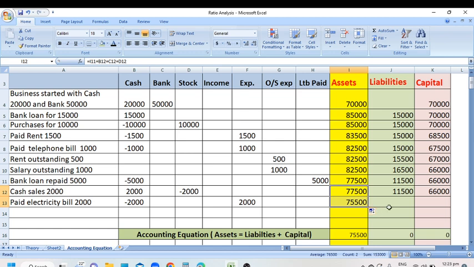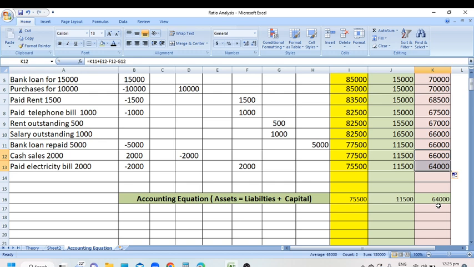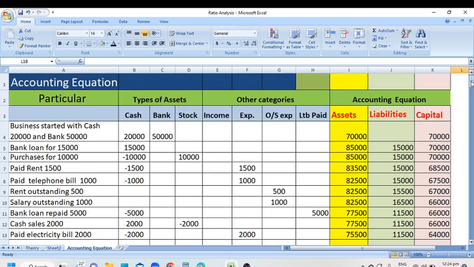That comes to 75,500, and liability is not affected in any way, and capital should be affected, because this is an expense, the 64 something, right? So how much is it? 64, and if you add 64 plus 11, that comes to 75,500 definitely. So we can say here that it's totally balanced, and it looks good to me, I think. Yeah, it looks good to me.